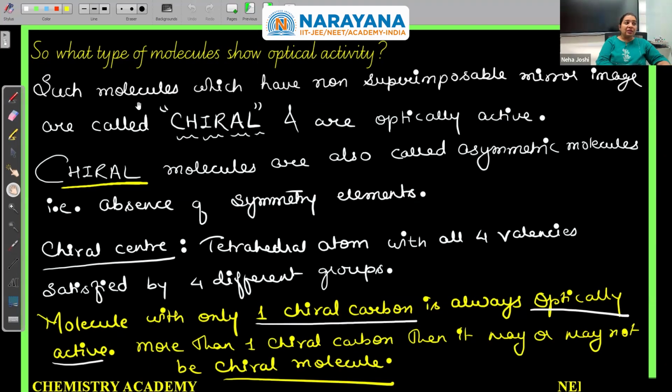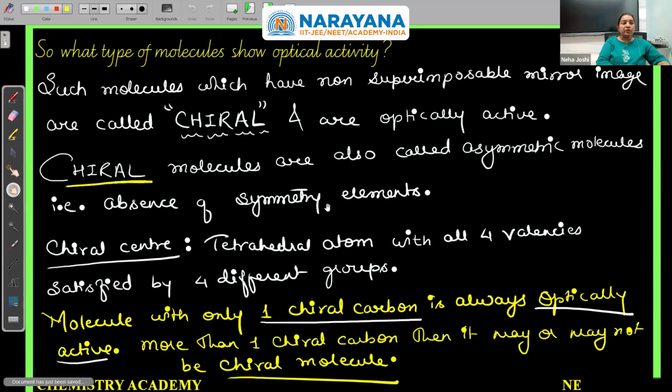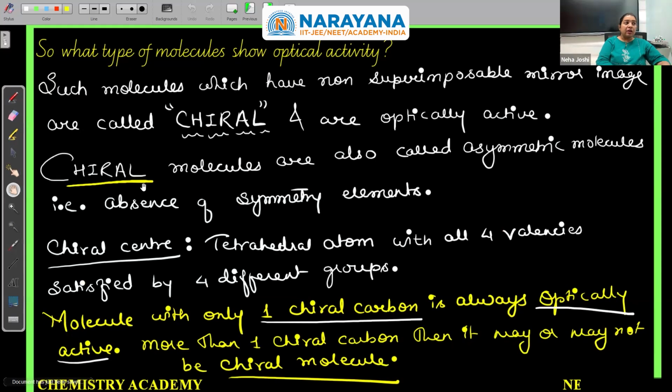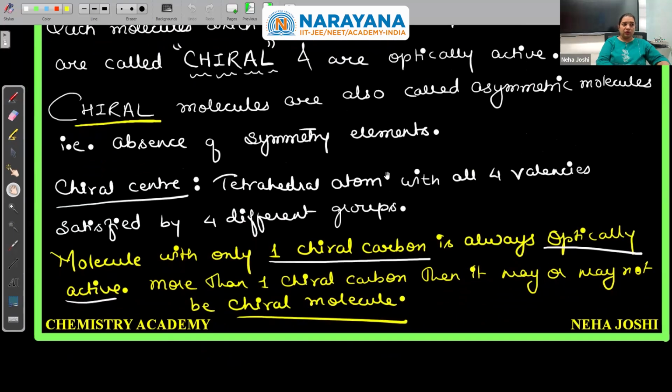What is chiral? Such molecules which have non-superimposable mirror images are called chiral and are optically active. Chiral molecules are also called asymmetric molecules, that is, absence of symmetry elements. I'll discuss what symmetry elements are, but absence of symmetry elements is what we need.